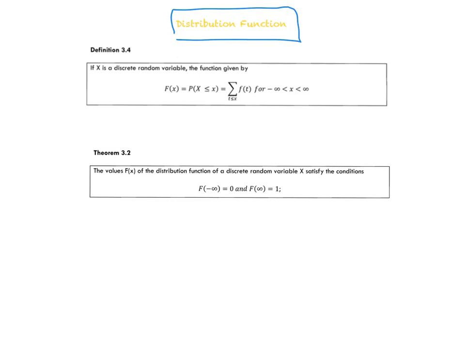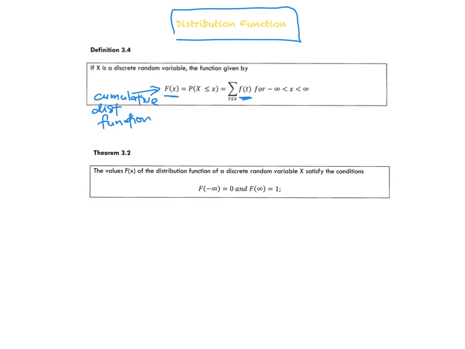In definition 3.4, if x is a discrete random variable, the function is given by capital F, the cumulative distribution function of x, which is the sum of f(t), the value of the probability distribution of random variable x at t.